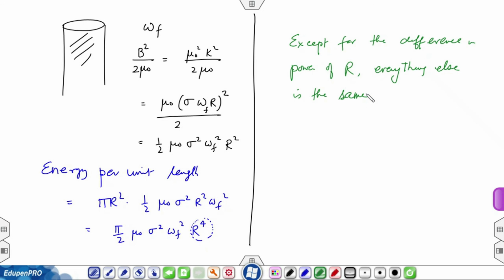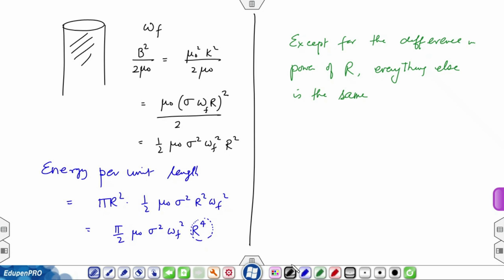This is not surprising, because after all we derived this expression B square over 2 mu 0 from the expression for work being done against induced EMF. So, that is precisely what we have calculated in the previous calculation. So, the answer should come out to be the same.